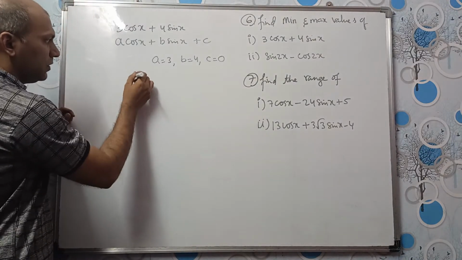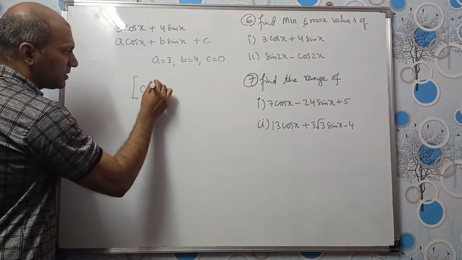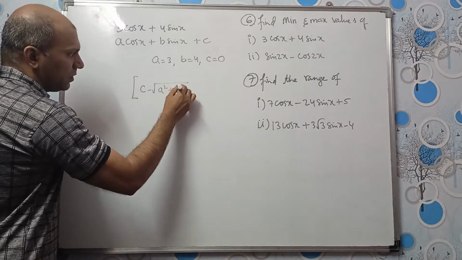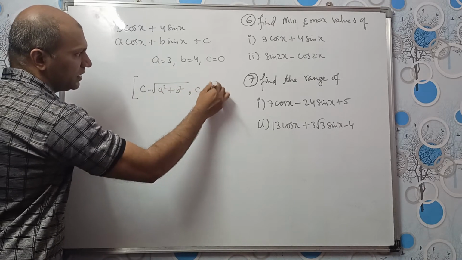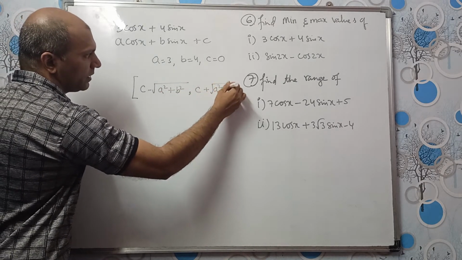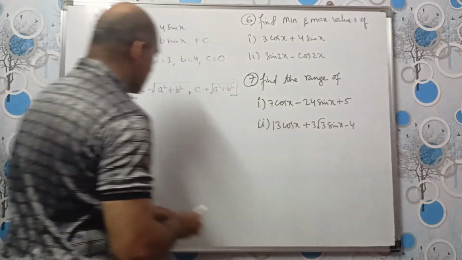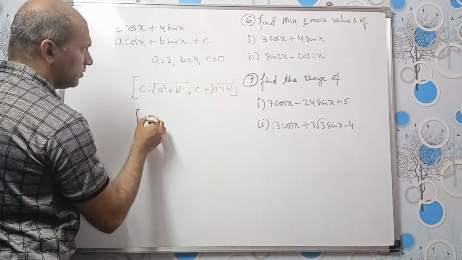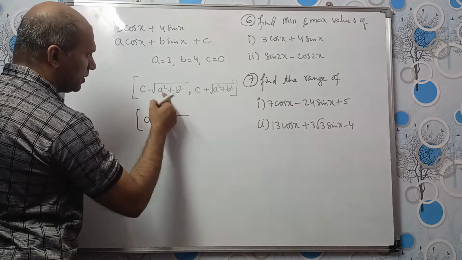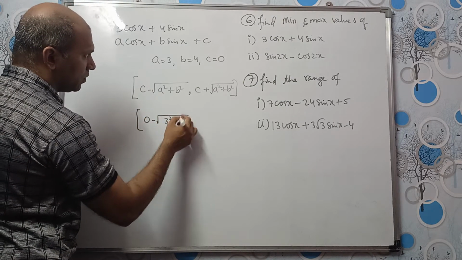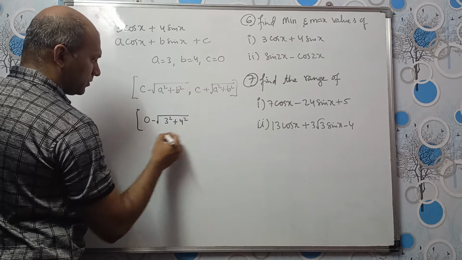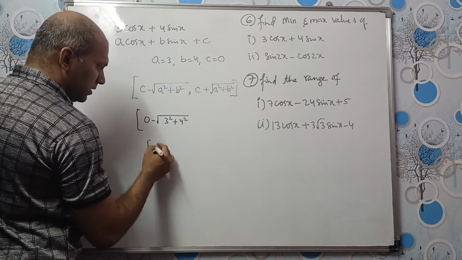We know minimum value will be c minus root of a square plus b square, and maximum value c plus root of a square plus b square, right? So this will be c is 0 minus root of 3 square plus 4 square. So how much is this?